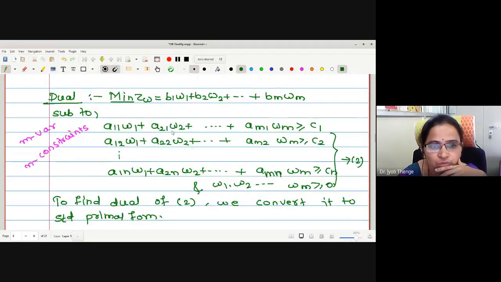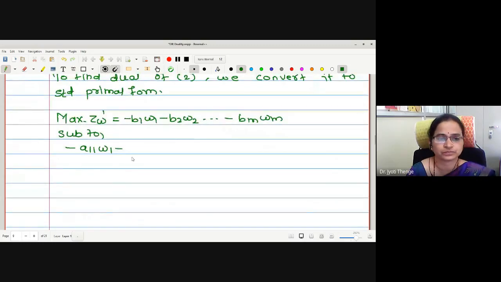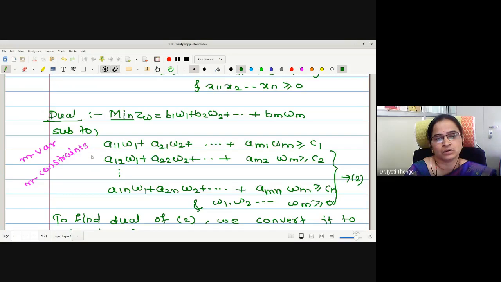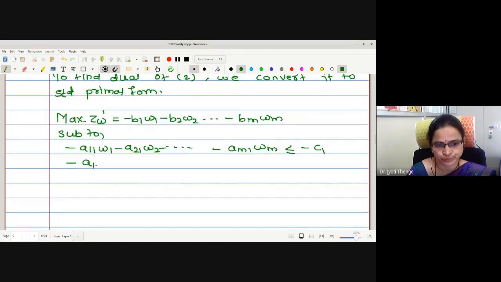A11, A12, up to A1n. Now it is less equal by minus c1. Correct? Next, A12, A22, up to Am2.